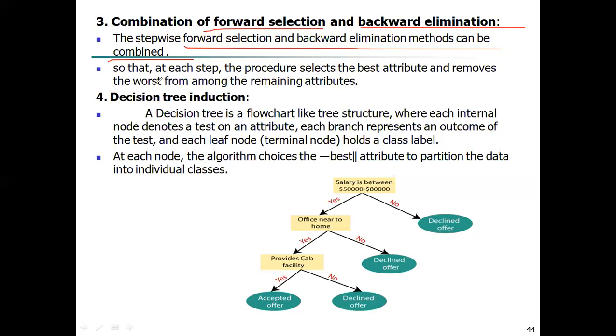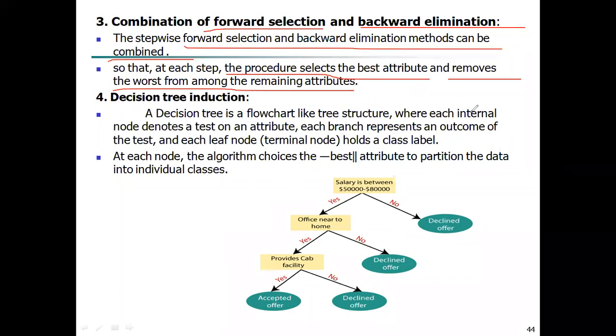At each step, the procedure selects the best attribute and removes the worst attribute among the remaining attributes. At each and every step, first you select the best attribute among the 6 attributes, and at the same time, you remove the worst attribute. 2 tasks are done in a single step. That is called a combination of forward selection and backward elimination method.